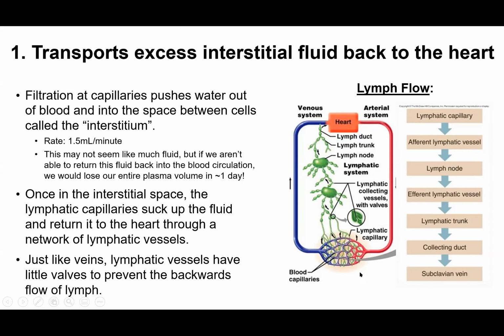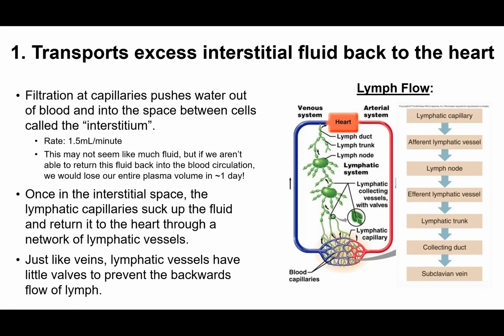Now, this might not seem like a lot of fluid, but if we were not able to return the fluid that's pushed out here back into the heart, then we would lose our entire plasma volume in about 1 day. And remember, plasma is a component of blood.